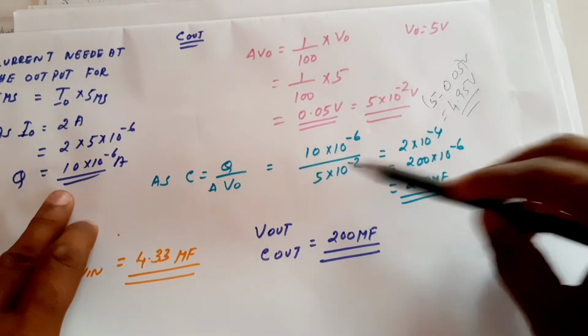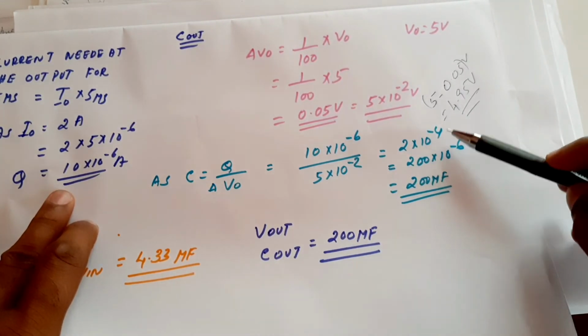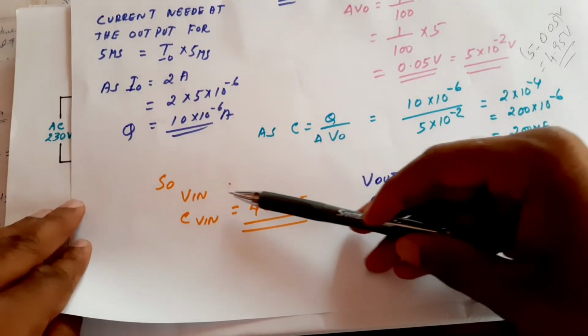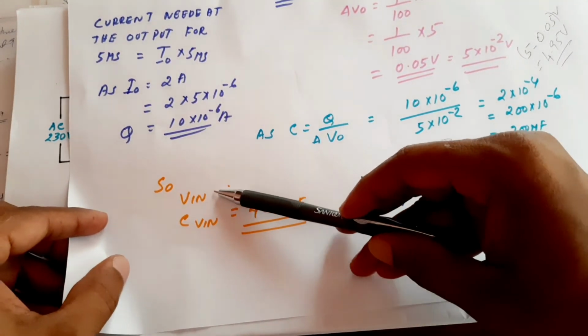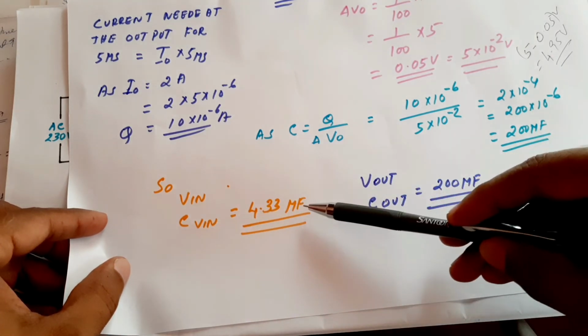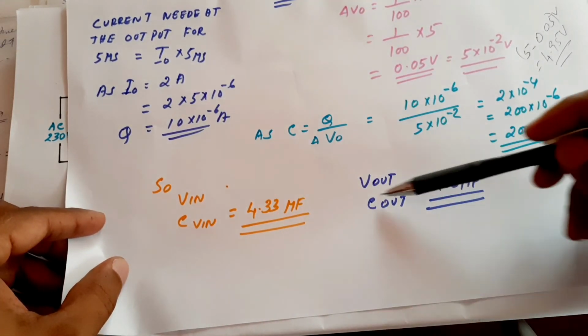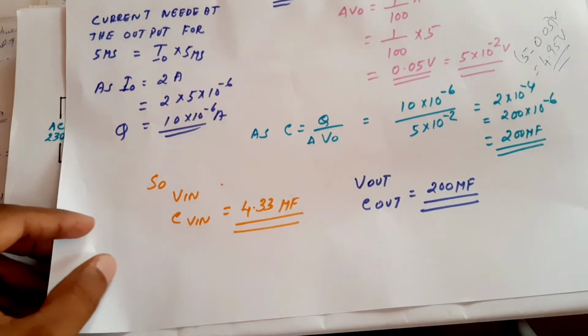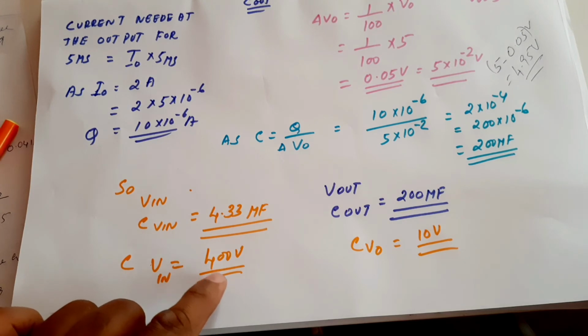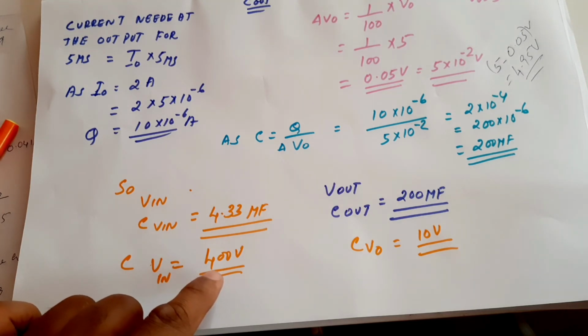So it gives a 200 microfarad capacitor. That means we have to select a capacitance of 4.33 microfarad at the input and 200 microfarad at the output.